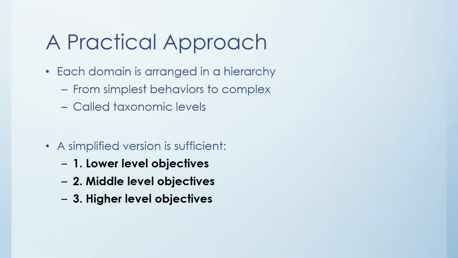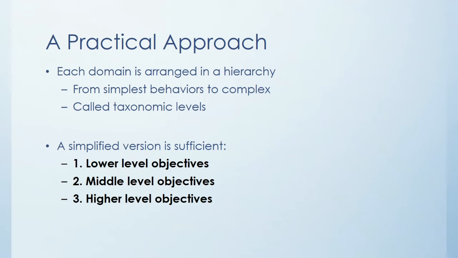So the domains are arranged in a hierarchy from the simplest behaviors to the most complex, and these are called taxonomic levels. A simplified version is sufficient for our means, where there are 3 levels. In reality, there are actually 6 or more for each domain, but for our purposes, we're going to focus on 3 classifications or taxonomic levels.